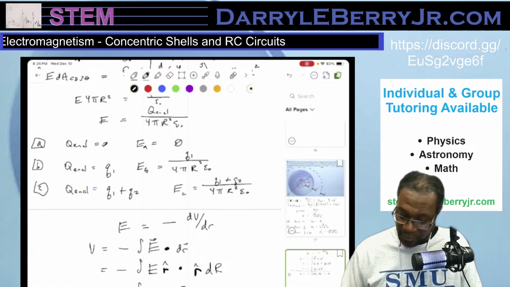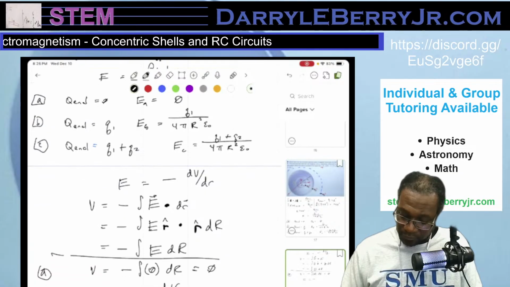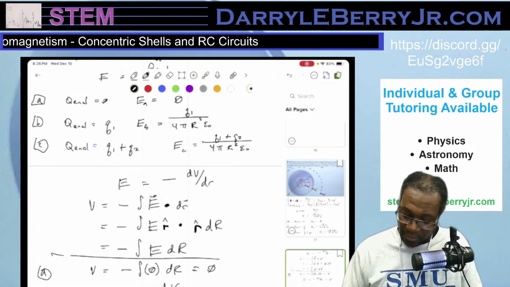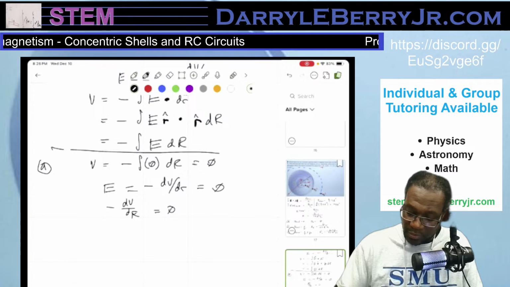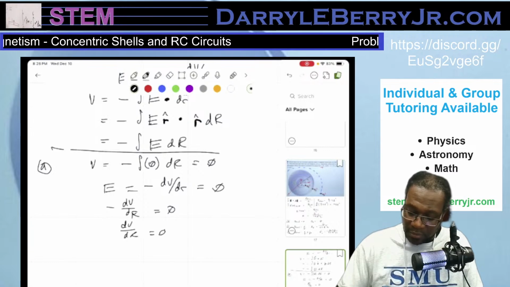E equals negative dV over dr, which is 0. So that means that negative dV dr equals 0, or dV dr equals 0.